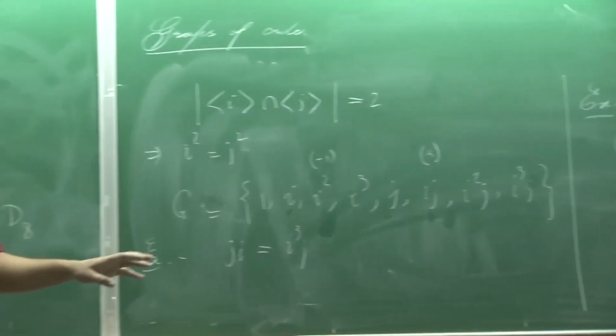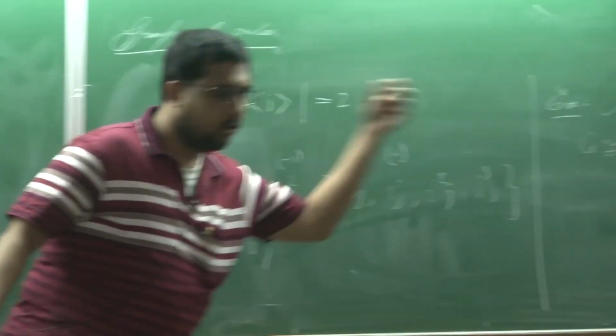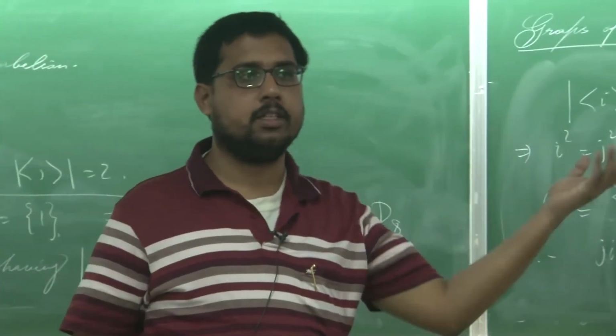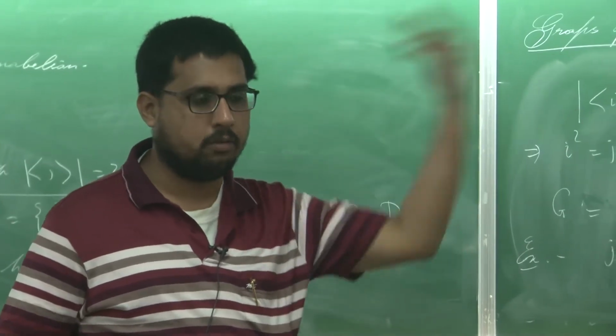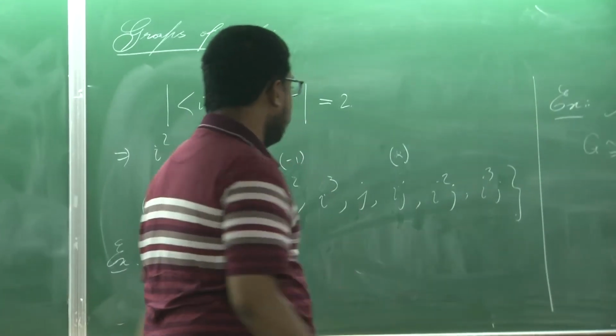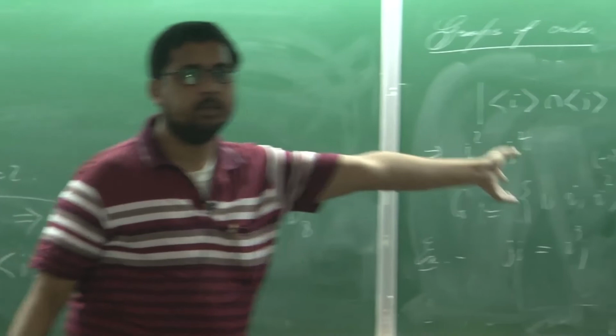Map the other elements accordingly, because you have to consider a homomorphism. Then that homomorphism becomes an isomorphism between G and Q8.